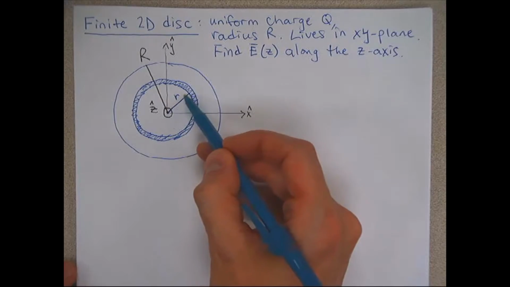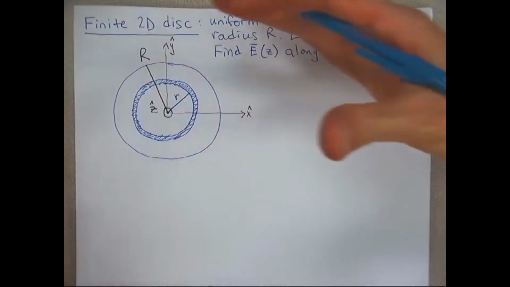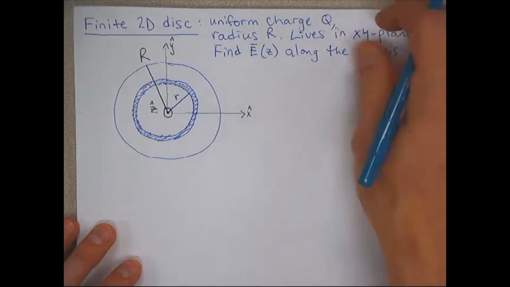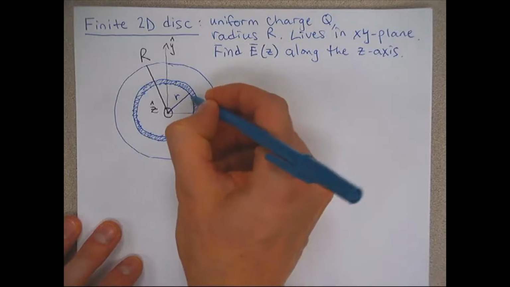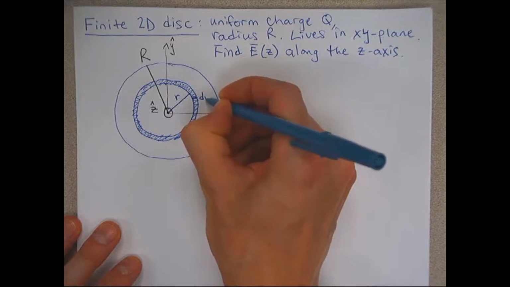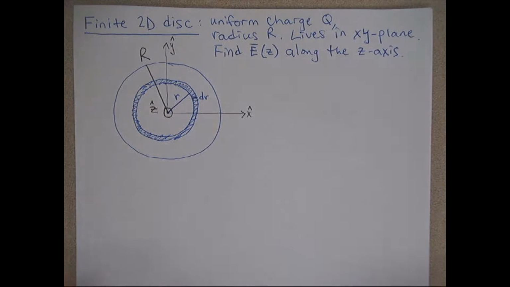Each has a slightly different radius. If you stacked enough of these rings one on another, you could print out the entire disk. Each ring now, this is where the 3D printer analogy breaks down, has only a differential thickness, dr.